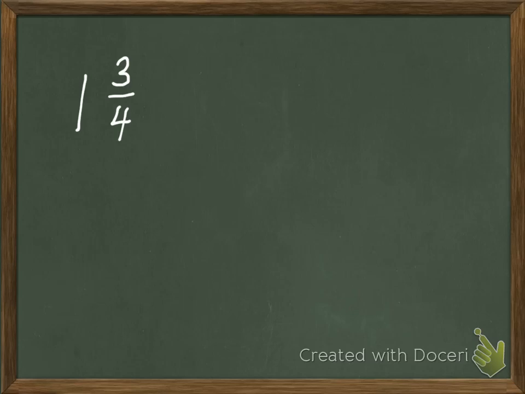Well, you remember that when we had 11 over 4, it was how many times did 4 go into 11? Well, this is just the undoing of that, if you like.